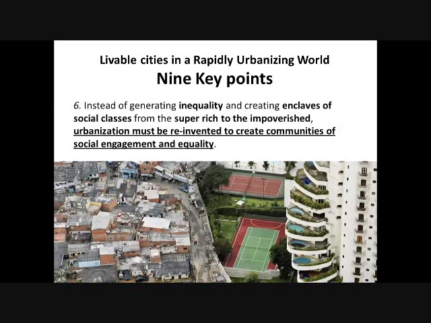We see in almost every city around the world enclaves for different social classes and economic classes. We have the super rich, the rich living in luxurious compounds side by side with the poor, impoverished, informal shanty towns in different parts of the world.